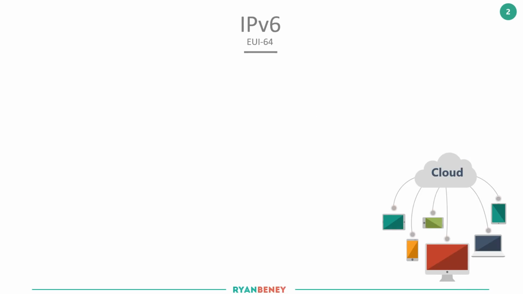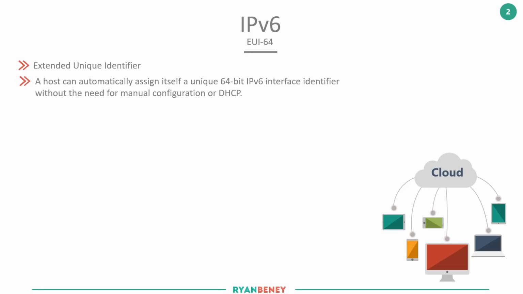So let's first have a discussion about EUI 64. Now EUI 64 stands for Extended Unique Identifier, and it's a method that allows a host to automatically assign itself a unique 64-bit IPv6 identifier without DHCP. It does this using something it already has assigned, which is unique, which of course is the MAC address.